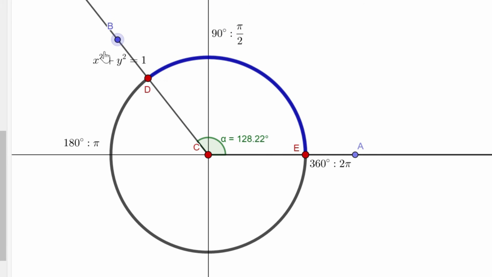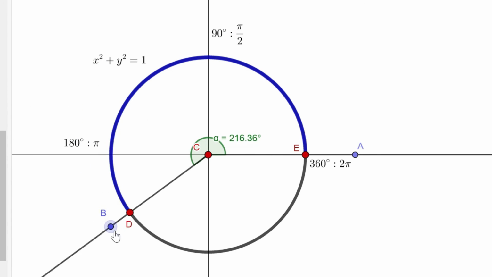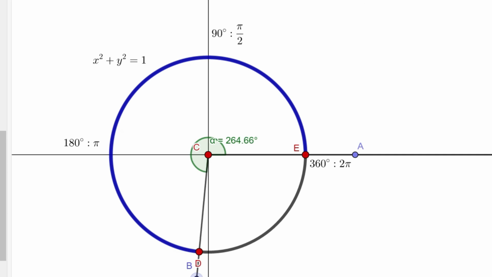Now what if our rotation is 3/4 of a complete revolution? Okay, so in degree measure, that's going to be equal to 270 degrees. But the length of the arc that it traces in our unit circle is equal to 3 pi over 2.